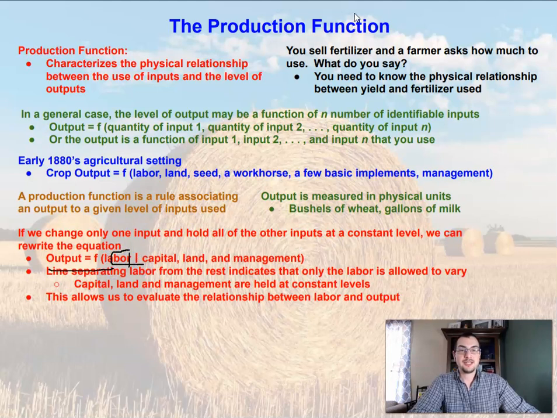So we see this little vertical line between labor and capital. If you ever see that vertical line in an equation, that line separating labor from the rest indicates that only labor is going to be allowed to vary. Capital, land, and management are all held at a constant level.